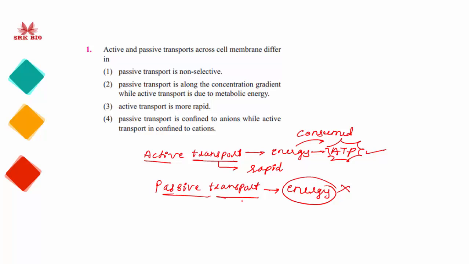Because in passive transport the molecules move from higher concentrated area to lower concentrated area, there is no need of any energy for the execution of the transport. Therefore, the correct option for this one is active transport is more rapid as compared to the passive transport. So this is the right answer for the given question.